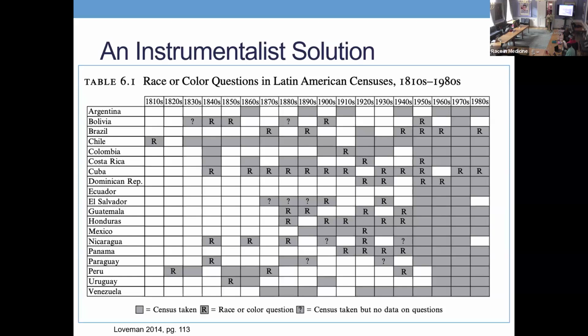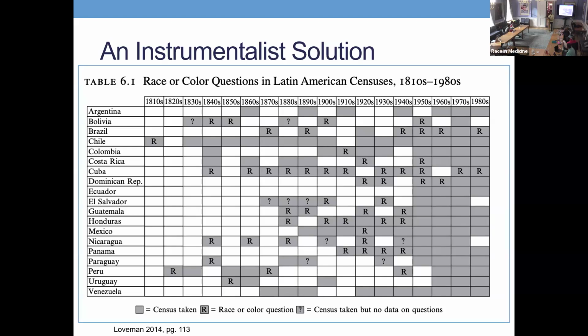This is supposed to demonstrate the years in which race was asked on national censuses across the Latin American context. If you are a biological racial realist, and you think that institutions or the labels used in those instruments are important, you should be able to accommodate this information. The same goes if you're a social constructionist. You should be able to deal with this.